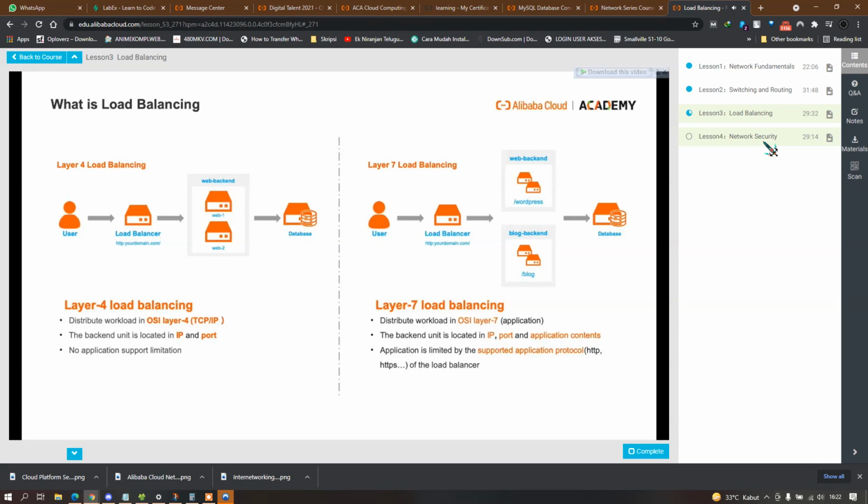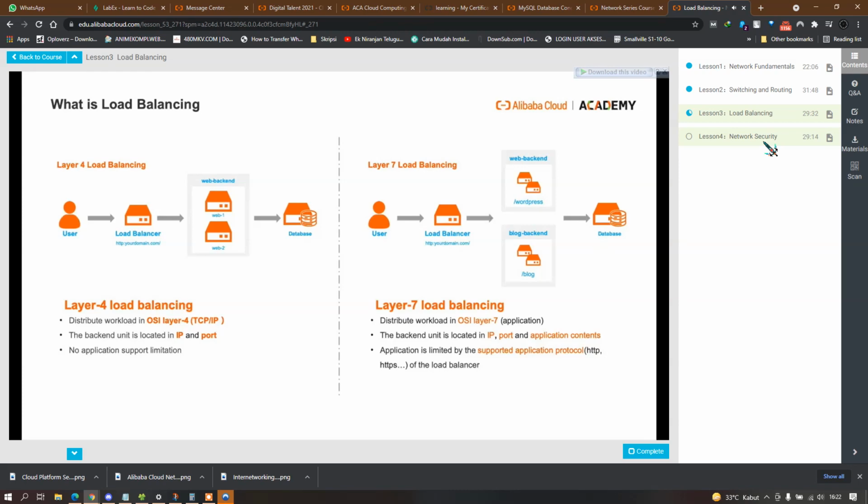So when we are using the layer 7 load balancing, we should know what kind of protocol the application is using. For example, HTTP or HTTPS or some other special protocol that is not widely used.